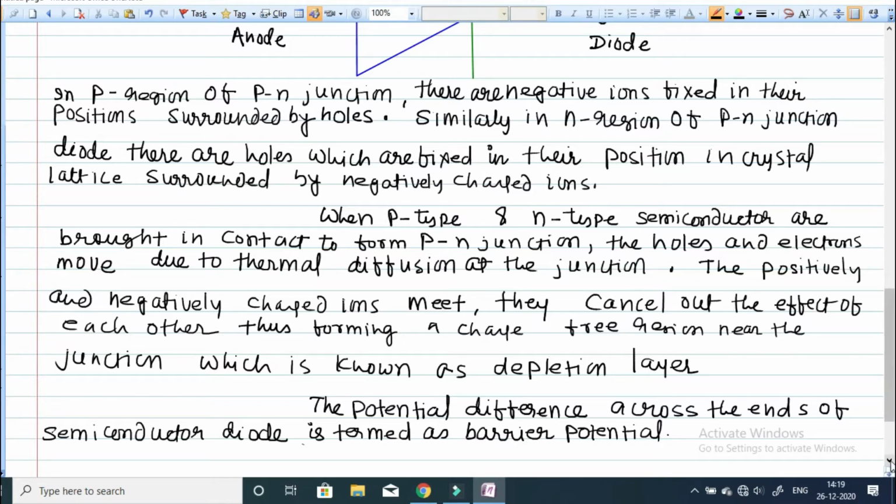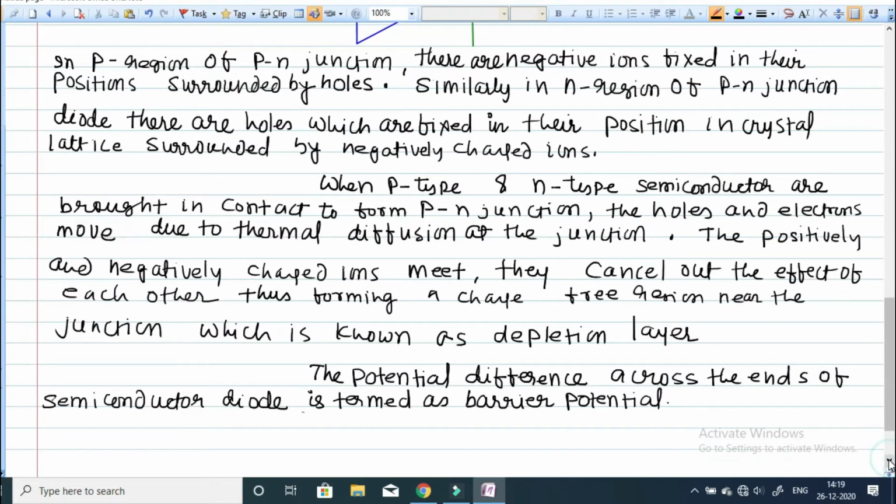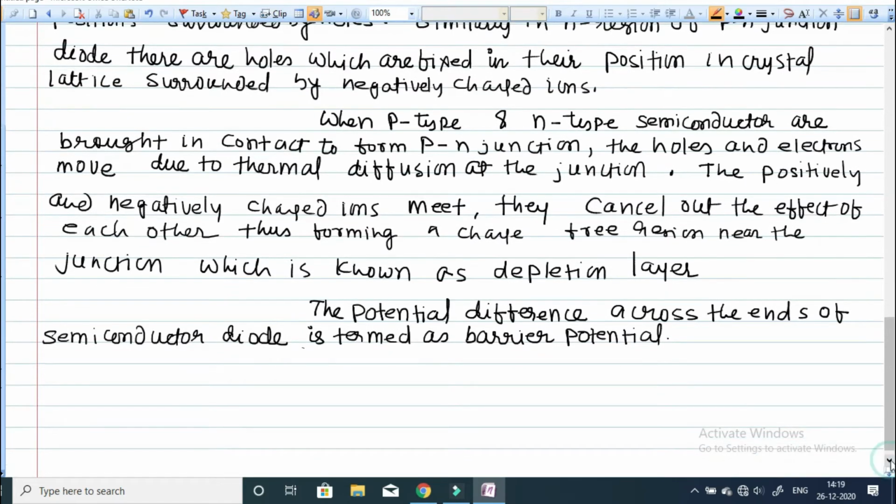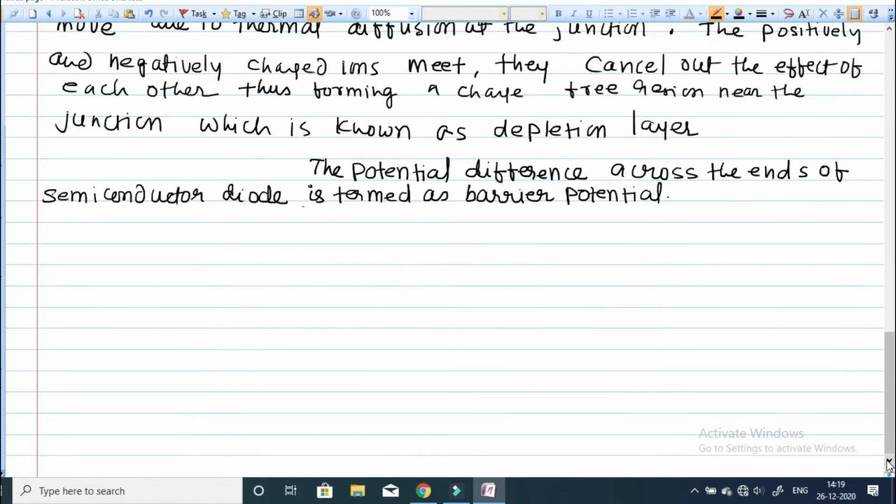In order to make the diode conduct, we need to connect this diode with an external source of energy, a battery. The manner in which we connect the diode with the battery is known as forward biasing and reverse biasing, because a diode is a two-terminal device.